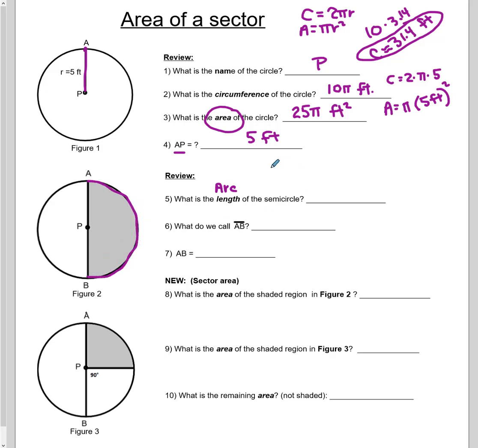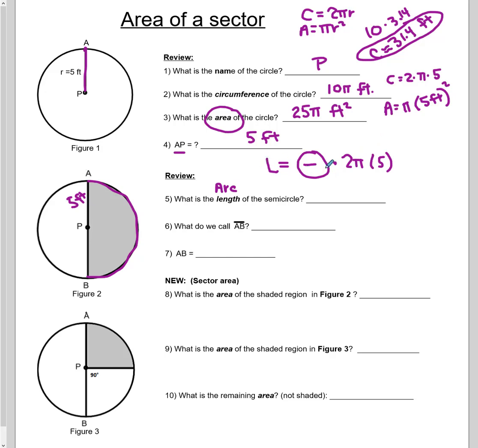If you remember what arc length is, arc length is some fraction of a whole circle, so we always put a little fraction symbol here, times the circumference, which is 2 pi r. They didn't give us an r here, so I'm going to give you an r of 5 from above. So this should be 5 feet. You may have this when I fix this on yours. So there'll be 5 feet marked there.